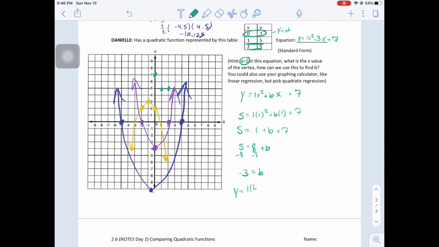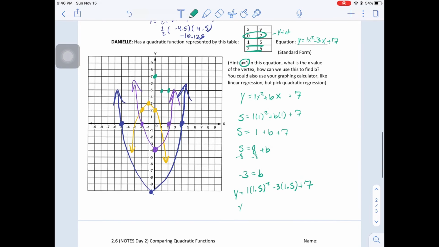So if we plug 1.5 into the equation, y is equal to 1 times 1.5 squared minus 3 times 1.5 plus 7. Let's see what value that gives us. 1.5 squared minus 3 times 1.5 plus 7 gives us y is equal to 4.75. So 4.75 is like right here. And now we have plenty of points to graph this function.